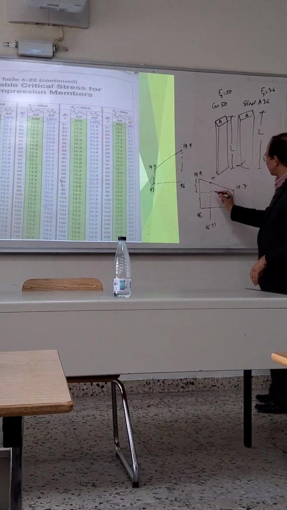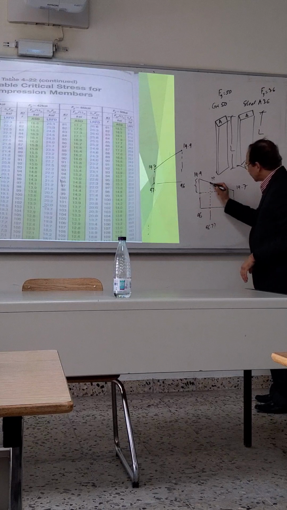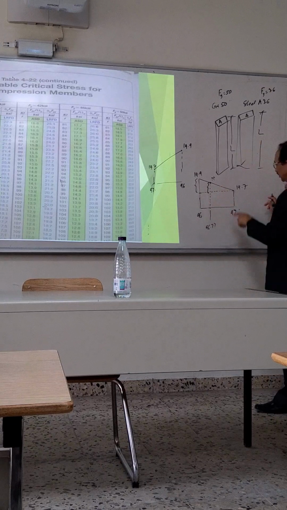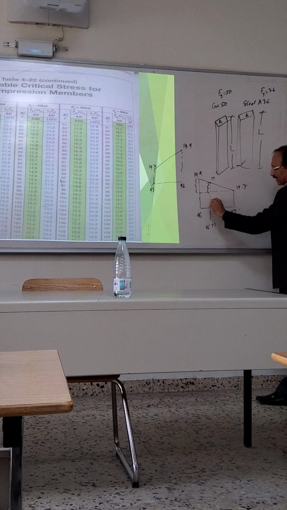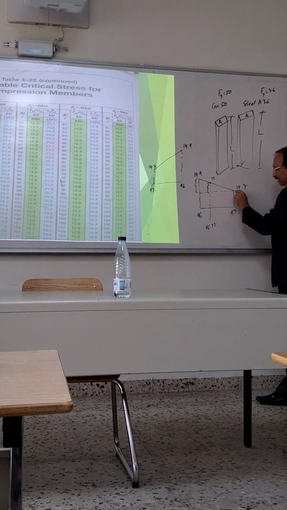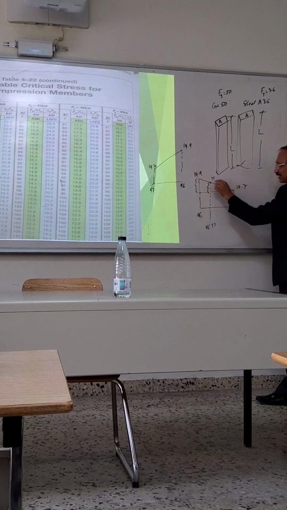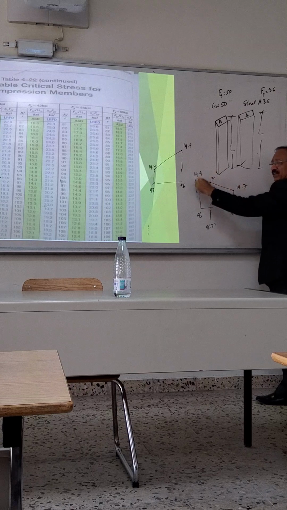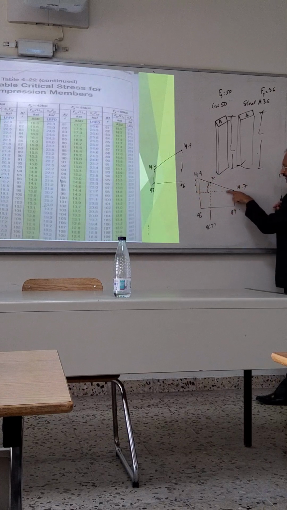If I draw a line here, this value will be the same 19.7. If I add this number to 19.7, I will get this value, from this triangle.